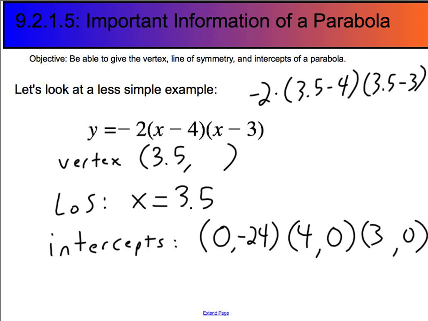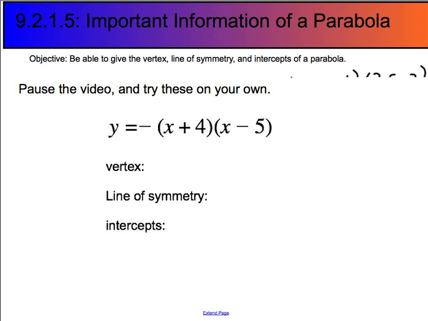And again, you can do that quickly on a calculator or however you would like to do it. So I get the output being 0.5. Go ahead and pause the video and try this one on your own to find those things.